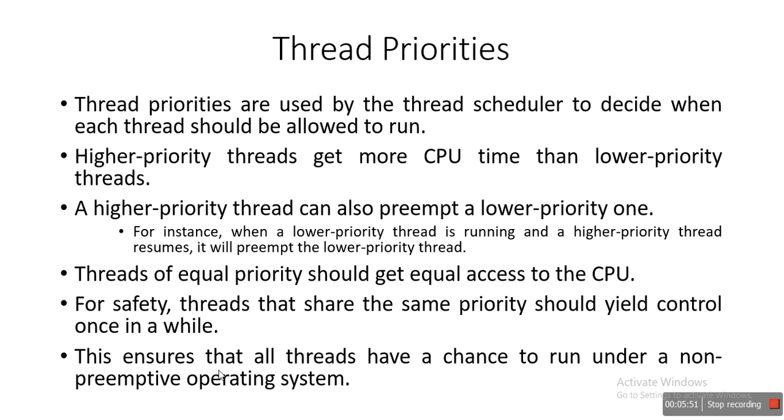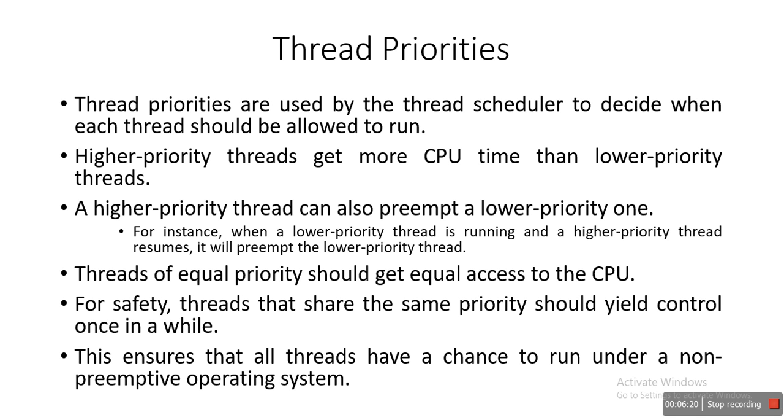Non-preemptive means that whatever the priority, until the current thread or process completes, another process or thread should not enter the CPU. This is the difference between non-preemptive and preemptive operating systems.